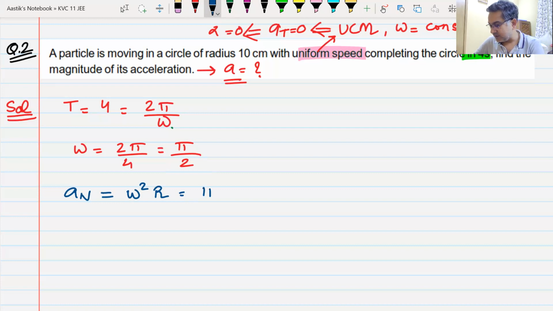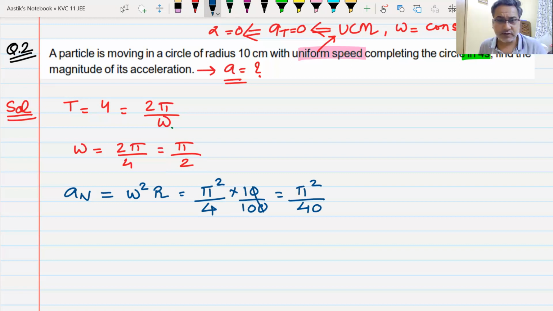So omega square will be pi square by 4 multiplied by radius of the circle, which is 10 centimeters. So I convert it into meters. So pi square by 40 becomes its normal acceleration.